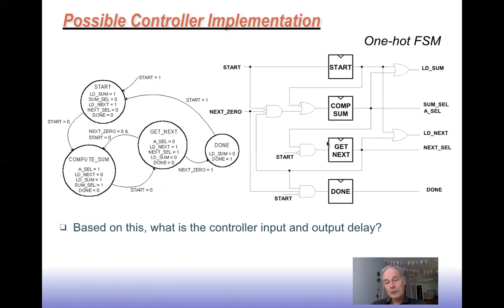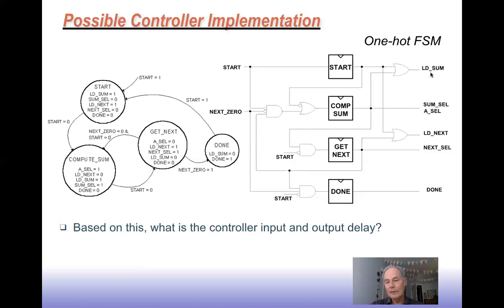Okay, so you have to trust me. I'm not going to go through the detailed logic on this, but you can trust me that I have it correctly. So based on this, then we know what the controller input and output delay is. Right? So when we change to a new state, there will be a delay before the output signals are stabilized. It's going to be the clock to Q delay of the flip-flops plus any logic delay that's between the flip-flop and the output.